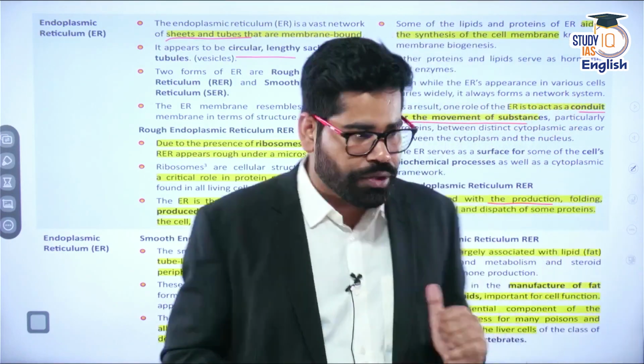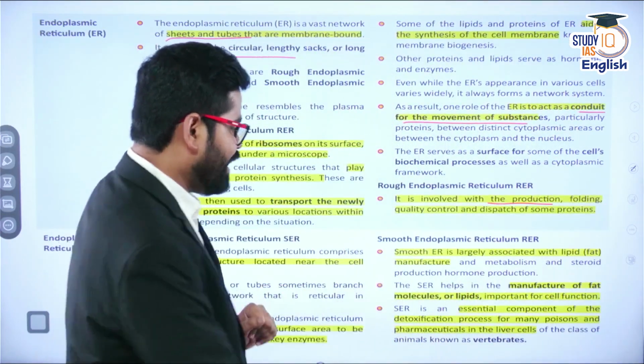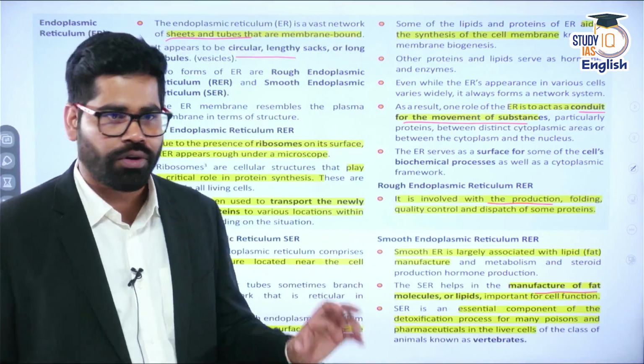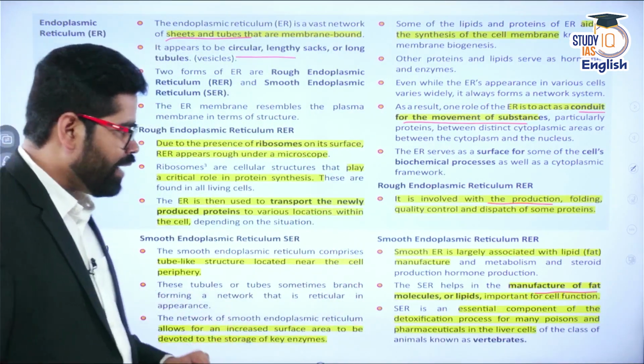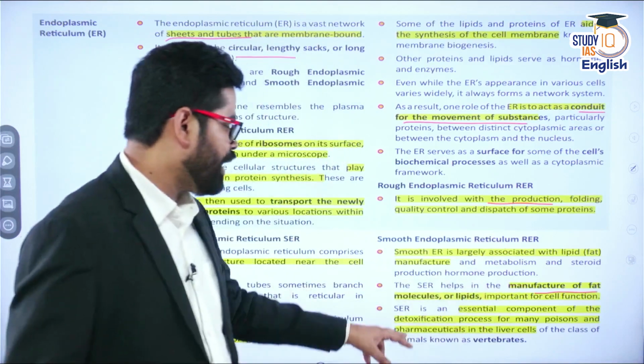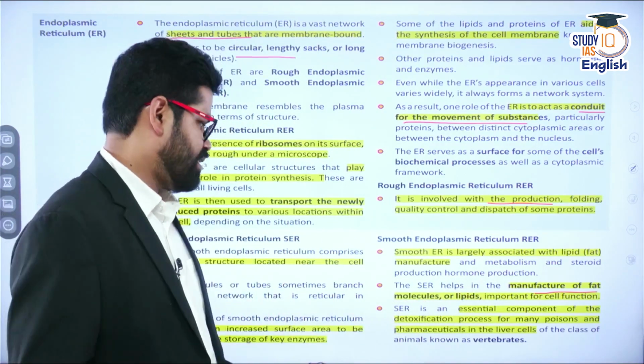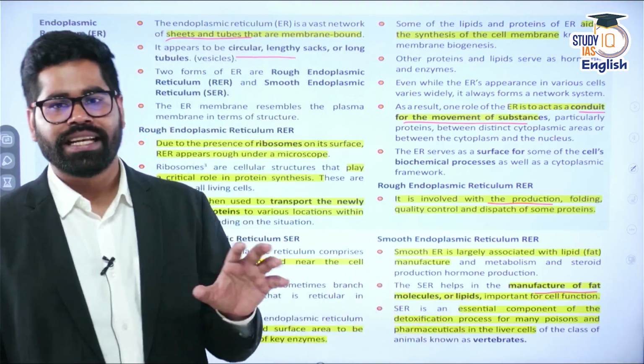What role does it perform? Basically, it helps in the manufacture of certain fat molecules or lipids, and it is also an essential component of the detoxification process of many poisons and pharmaceuticals in the liver cell.